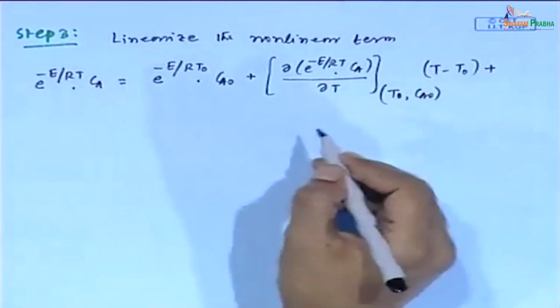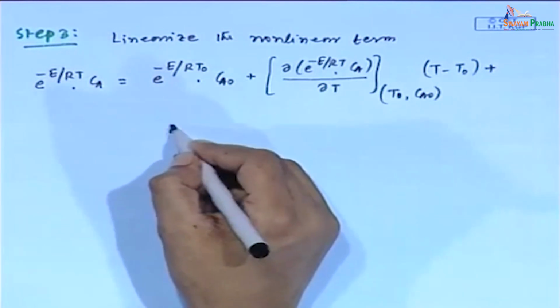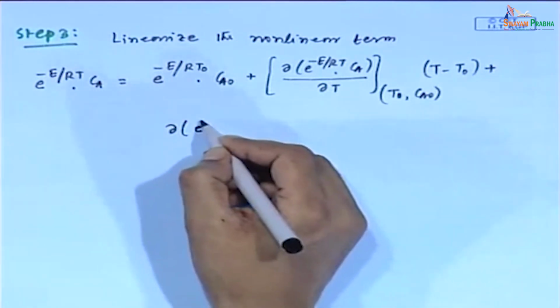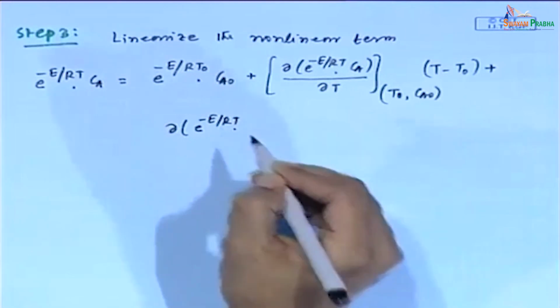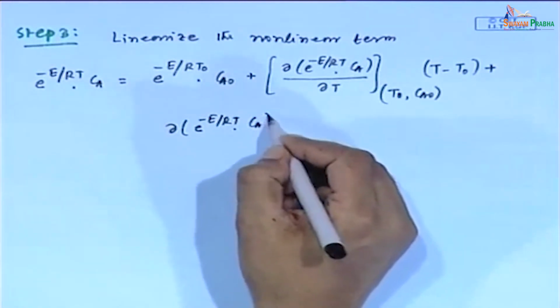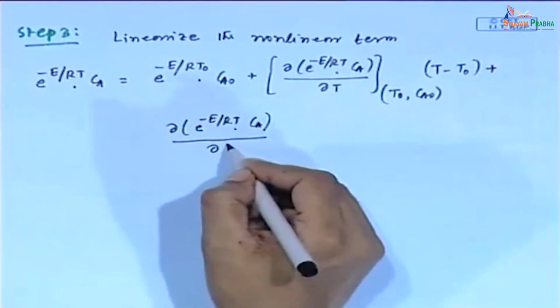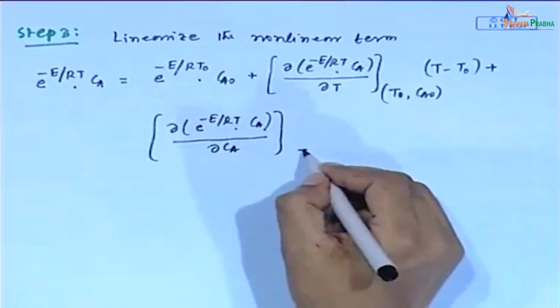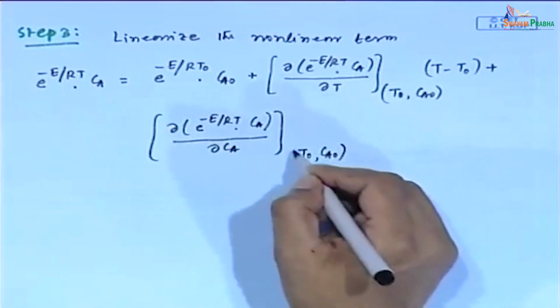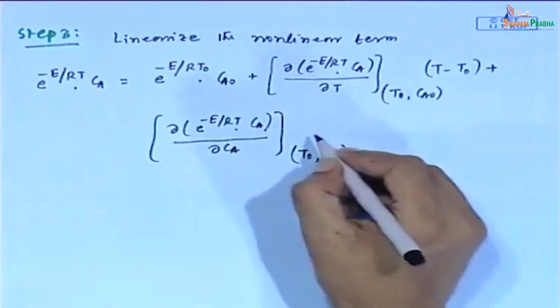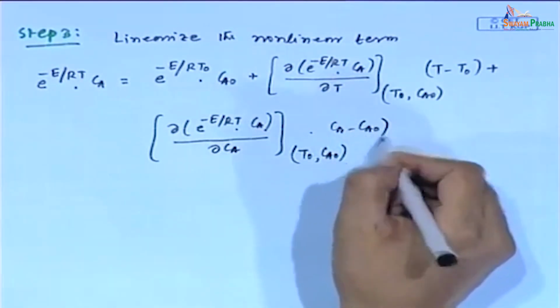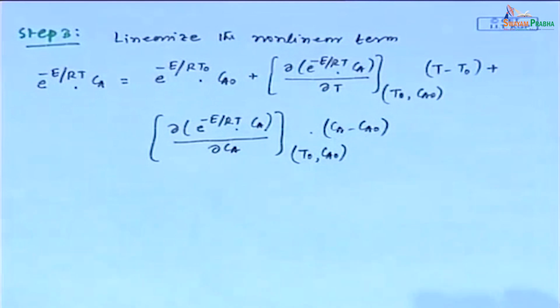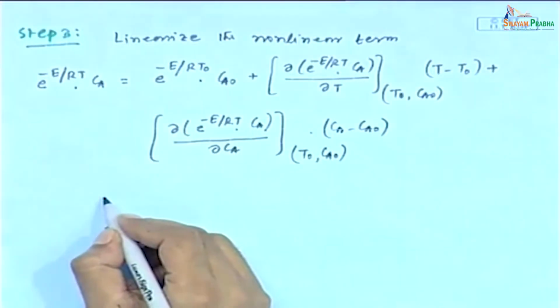Similarly, we will differentiate with respect to CA at T naught CA naught, and we will multiply with CA minus CA naught. Here also we are neglecting the terms of order 2 and higher. So, what we will get finally?